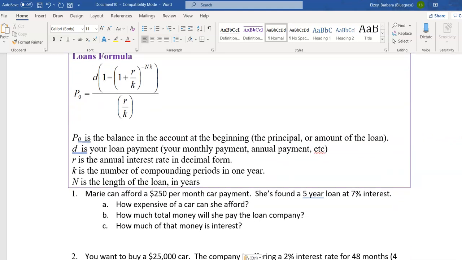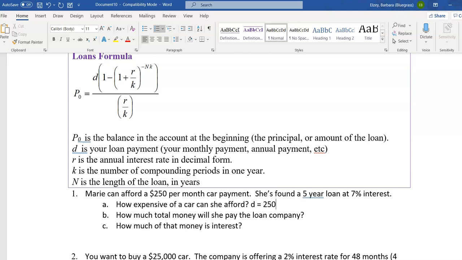Marie can afford a $250 per month car payment. She's found a 5-year loan at 7% interest. How expensive of a car can she afford? Okay, so let's go ahead and identify everything. The $250 per month would be her payment, so that's little d.